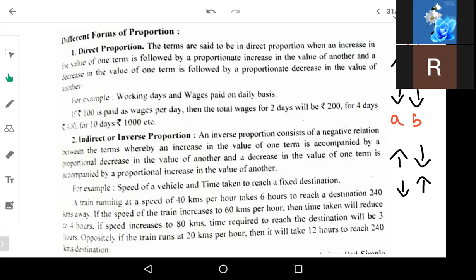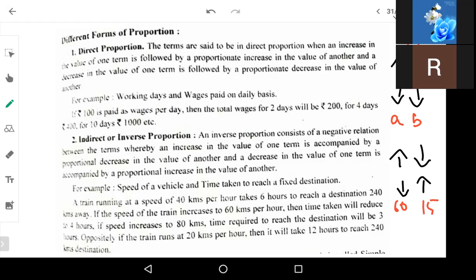Suppose you want to reach college from your home, and you're going in a two-wheeler. If you drive very fast, let's say at 60 kilometers per hour, you will be able to reach college within 15 minutes. Let us just write down here: 60 kilometer, 15 minutes.